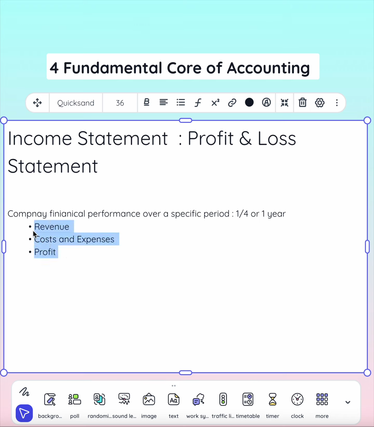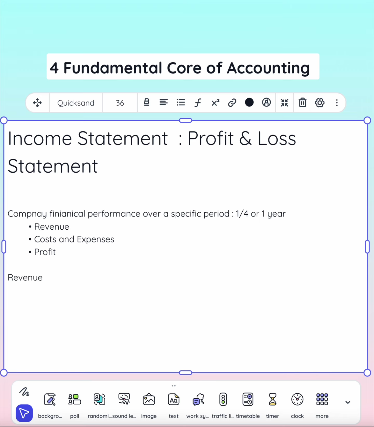So it provides these three key components: revenue, costs and expenses, and the profit generated. The key component, as I told you, is the revenue. We're going to check it one by one.